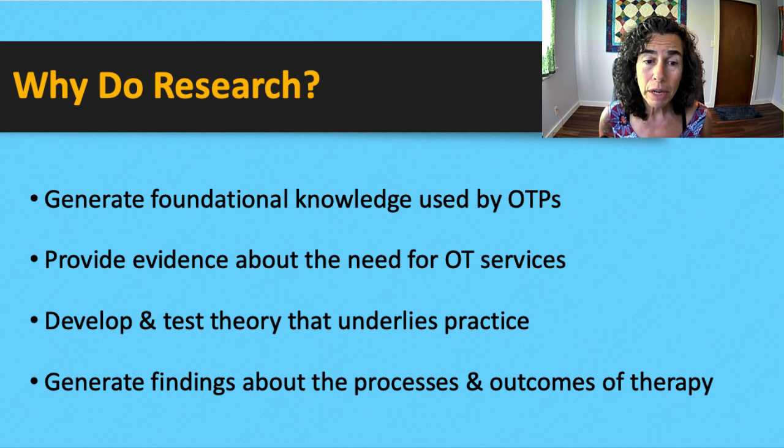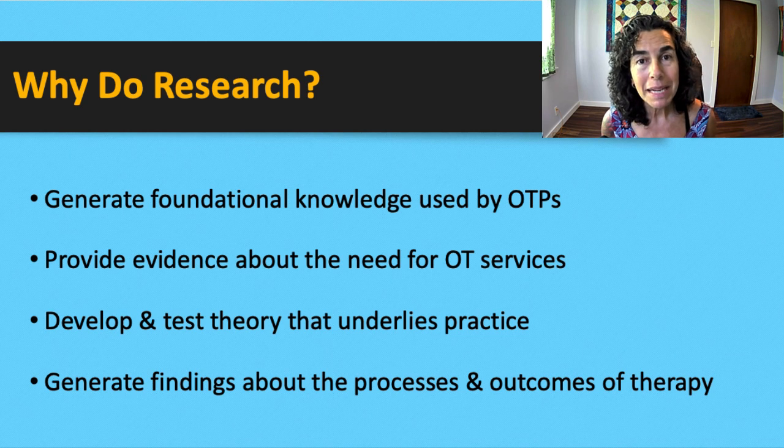We also want to be able to develop and test theories that underlie practice. So, like you learned about Piaget and Erikson and Maslow and all those guys, right? And most of them are guys. Now, what we want to do is we want to say, well, okay, what other theories are there? What theories remain to be developed?